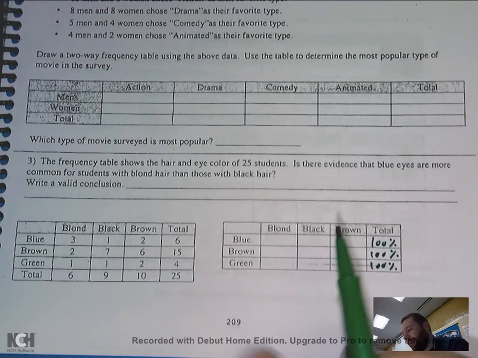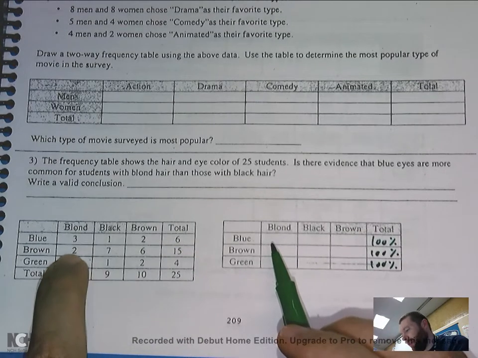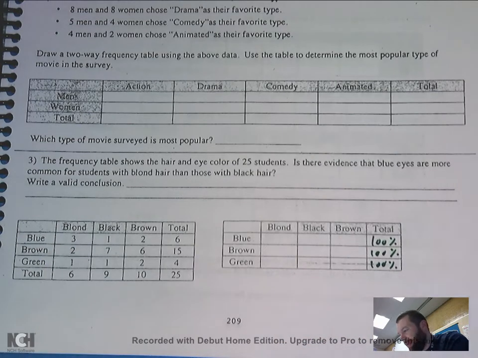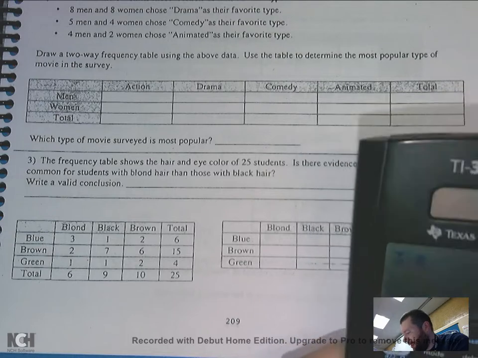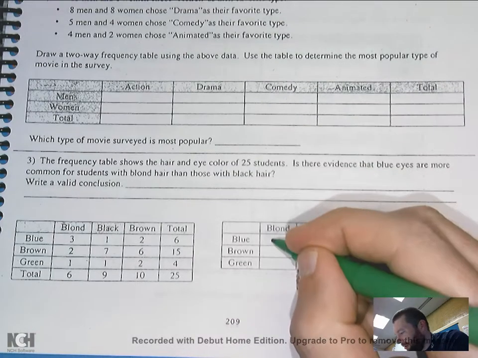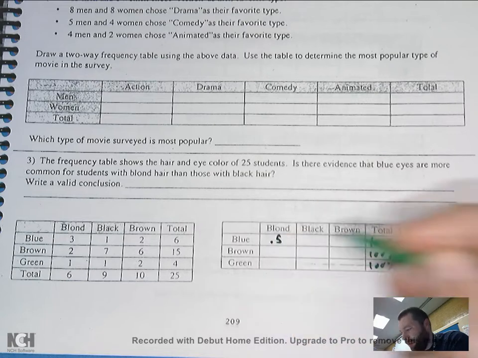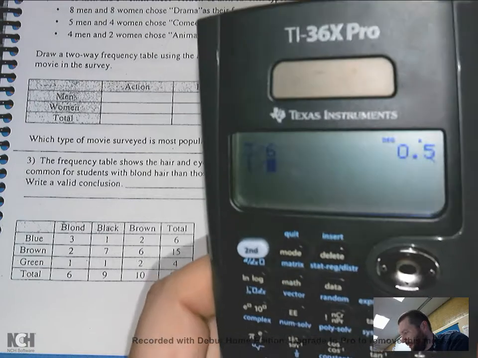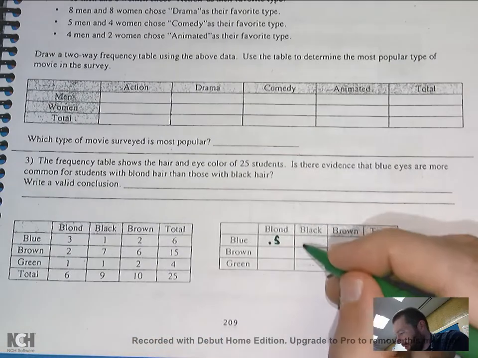Okay, and then I would say 3 of the students with blue eyes have blonde hair. So 3 divided by 6 is 50%. I'm just going to do this one by decimals, so 0.5. Okay, 1 divided by 6 is 0.16 repeating.